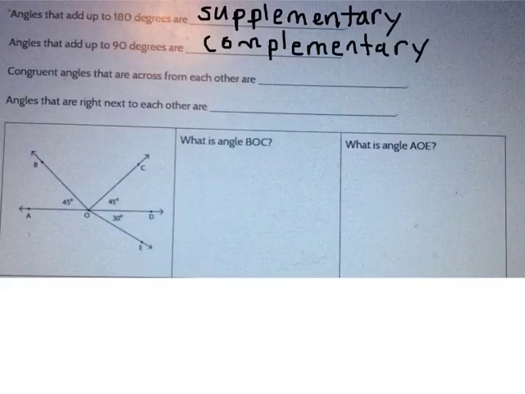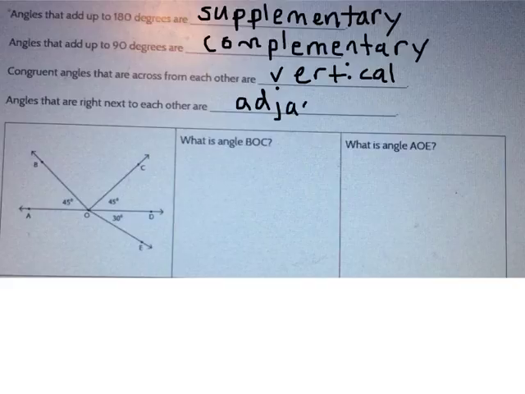Congruent angles that are across from each other are vertical. And angles that are right next to each other are adjacent. We can use these angle relationships to help us solve for missing angles.